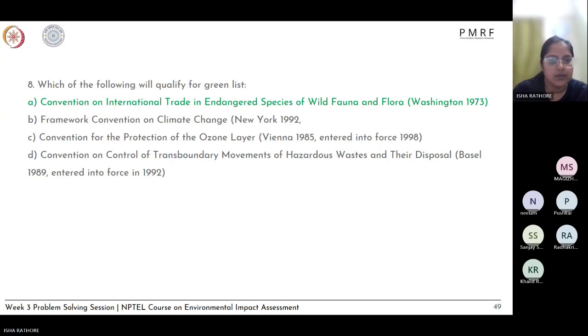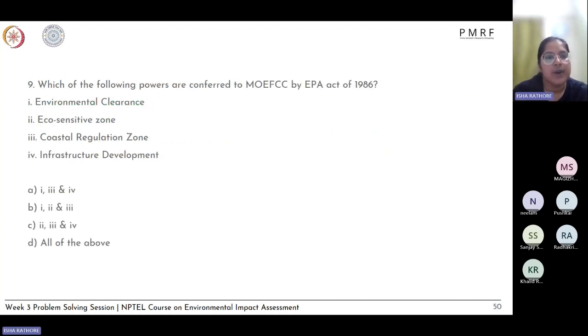Okay, moving on. Which of the following powers are conferred to the MOEFCC by the EPA Act of 1986? The options are first, environmental clearance, second, eco-sensitive zone, third, coastal regulation zone, and fourth, infrastructure development. So, which of the following powers are being conferred under the Environmental Protection Act of 1986?